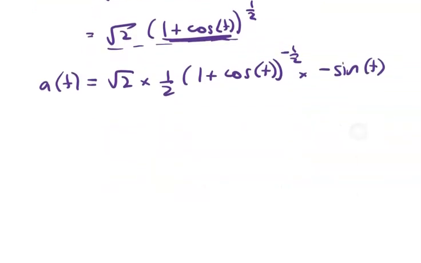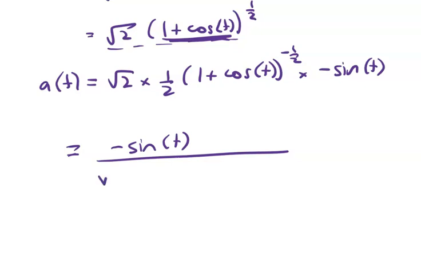Hopefully you're realizing how crucial it is that you can fluently differentiate trig functions. If you can't do that yet, go and get the Delta textbook, or go on Dr. Frost and do heaps of last-minute practice at differentiating trig functions. I promise you'll need them in 10 days' time. Right, negative sine t over root 2, and then here I'm going to write this back in surd notation, and I've got this. Okay, so that's my expression for a of t.